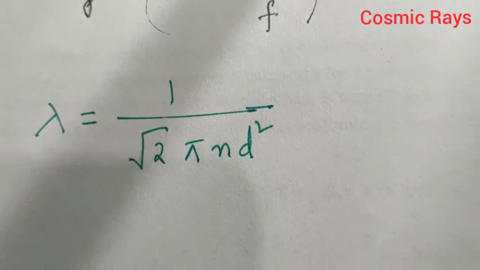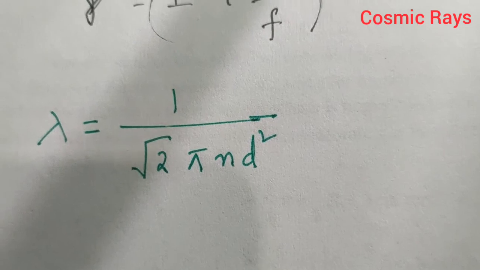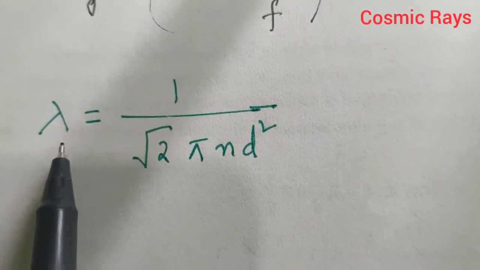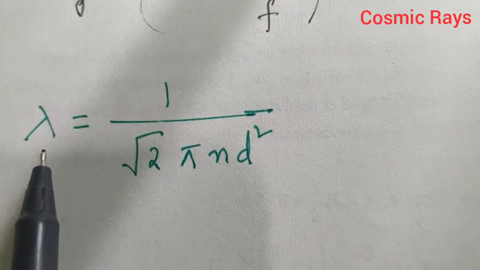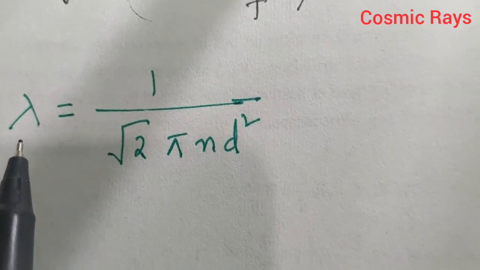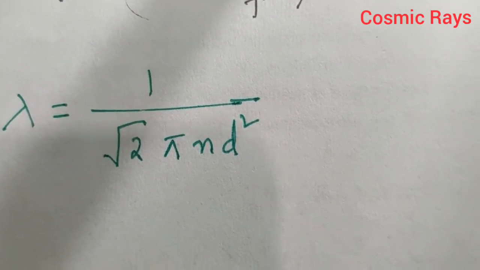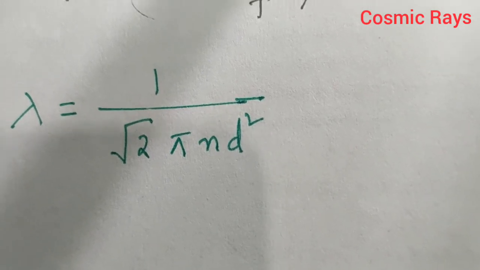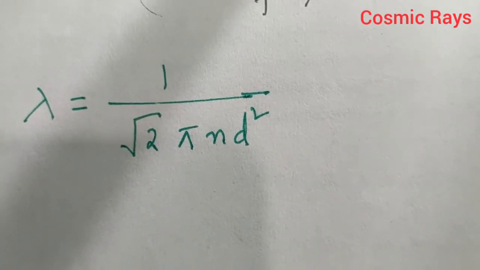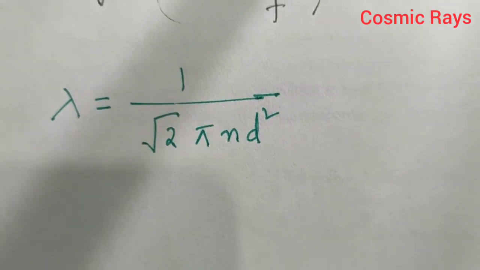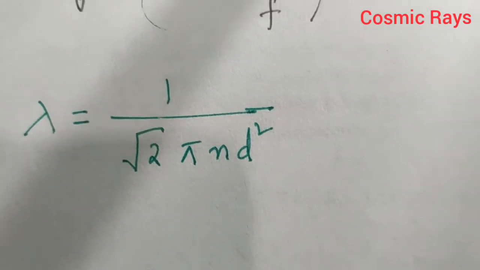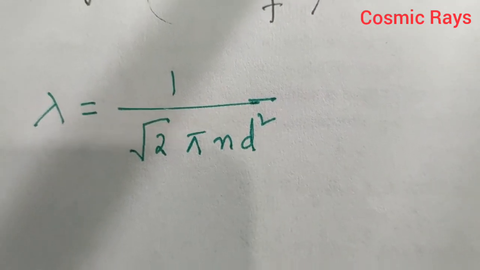Now this equation tells us that the mean free path, that is lambda, varies inversely with the density of the gas. So if density is more, mean free path would be less because there will be more number of collisions. If there are more particles, there will be more collisions.